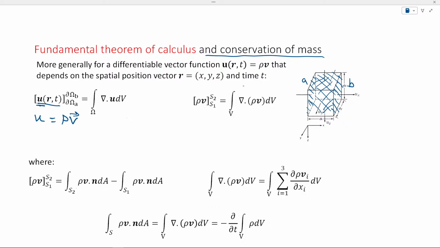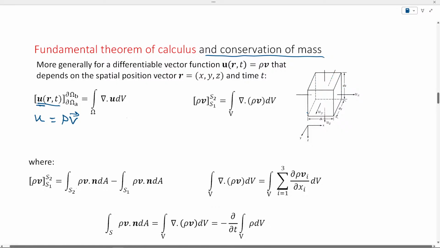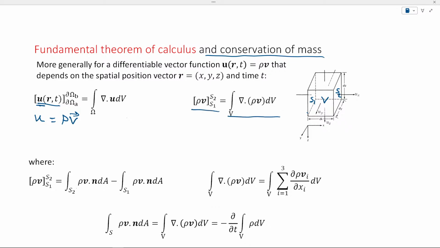Here this will be my surface; I will call this surface 2, and this surface 1, and here this is my volume, what is inside these surfaces. So I'm replacing this: that's my surface integral, and that is my volume integral.